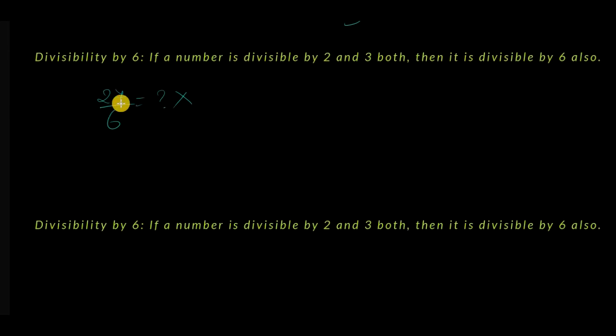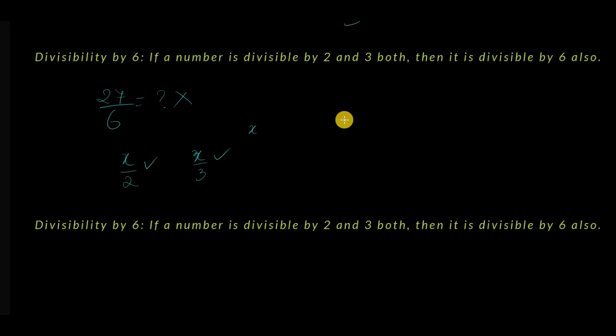We need to have the number x divisible by 2 and divisible by 3, both of them. Only then it will be divisible by 6.